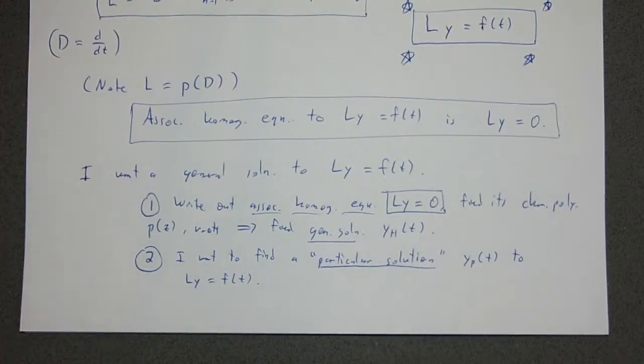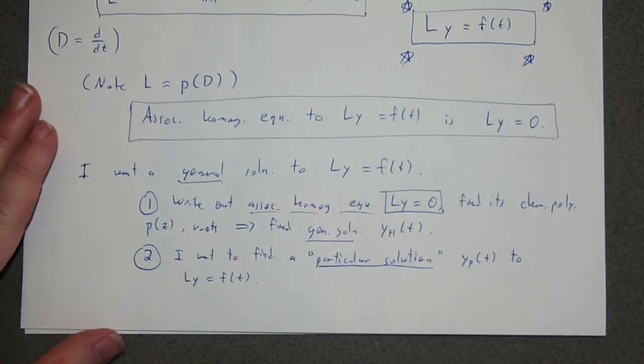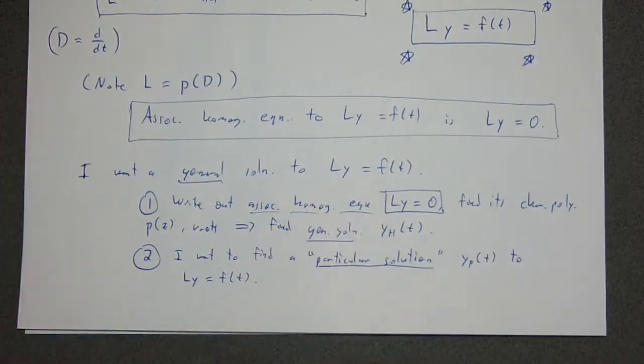Well, I want to find a general solution, meaning the most general form that any solution to this thing has to take. But that's not what I'm finding in step 2. In step 2, I'm just finding any solution that works. It's just going to be some solution that works, and that's the reason for calling it a particular solution.